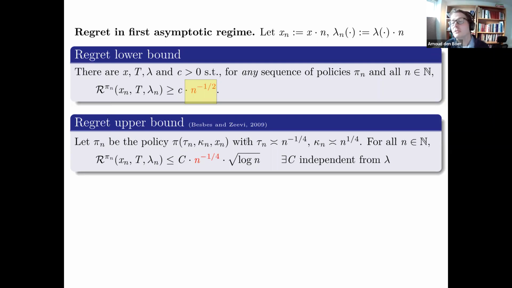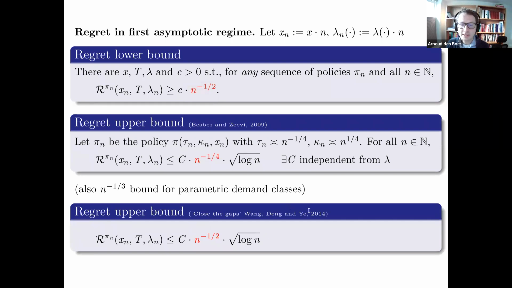So this was a very influential paper which generated a lot of follow-up research. And of course, the obvious question is to close this gap. Now, in 2014, the paper by Wang, Deng and Ye was published, which is also called Closing the Gaps or something like that.